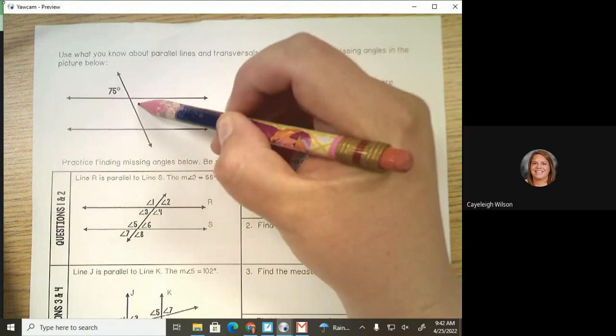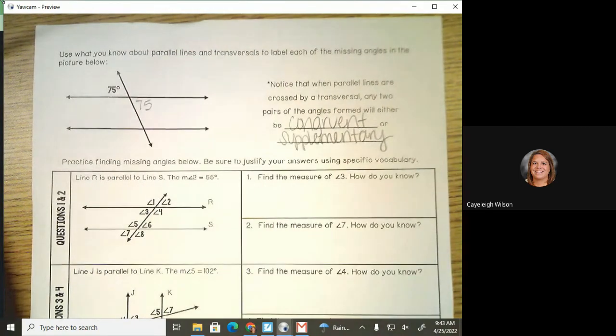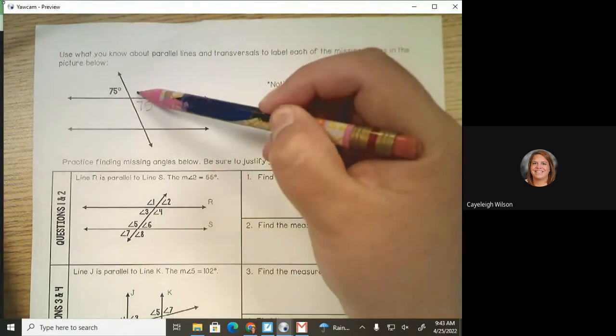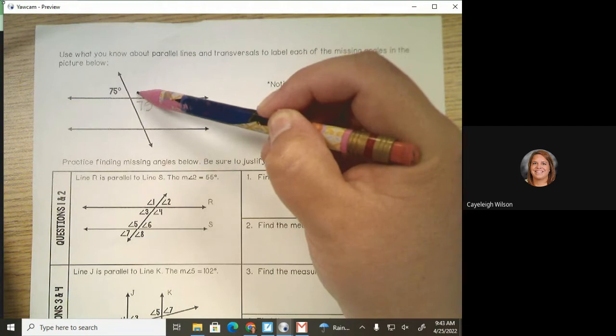And what do we know about vertical angles? They're the same, they're equal. So this is 75 as well. Okay. Now, if I wanted to fill in this angle, which one of those angle definitions would I use? Because these are on, because they're on, Preston, a straight line.